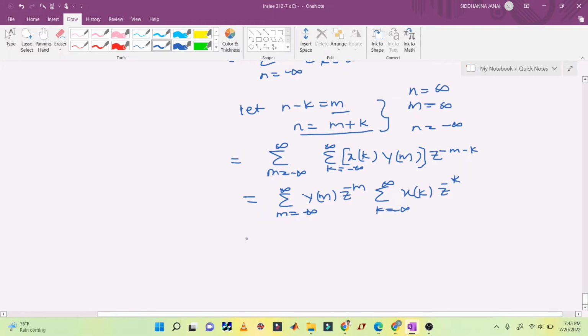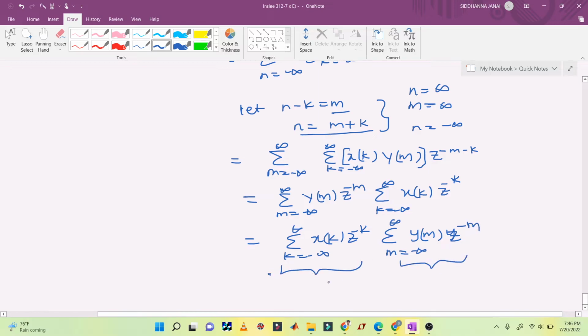Okay, I have written in the reverse order. I can change it as summation k is equal to minus infinity to plus infinity x of k z power minus k, summation m is equal to minus infinity to plus infinity y of m z power minus m. So this is z transform of x, this is z transform of y.